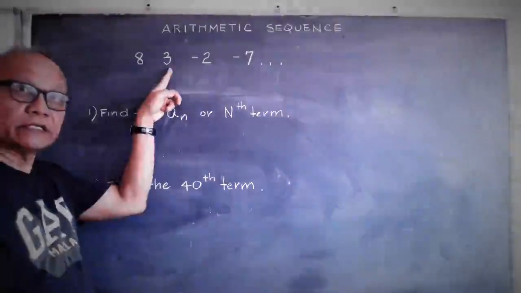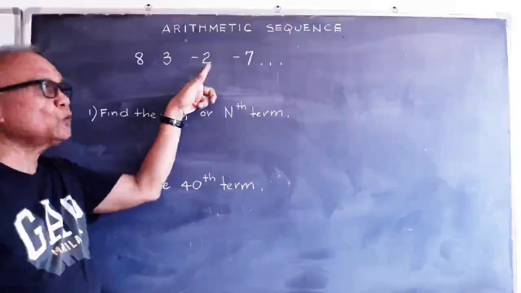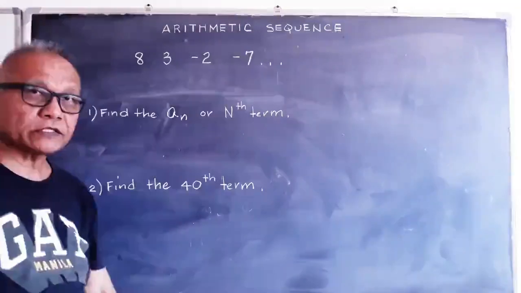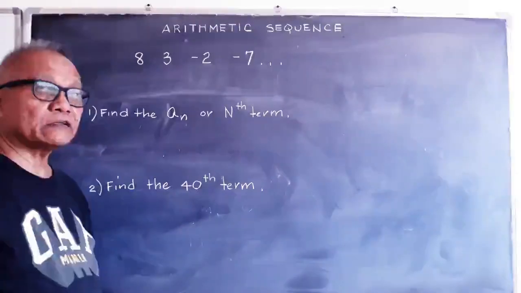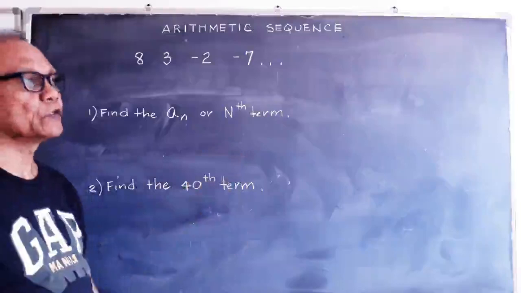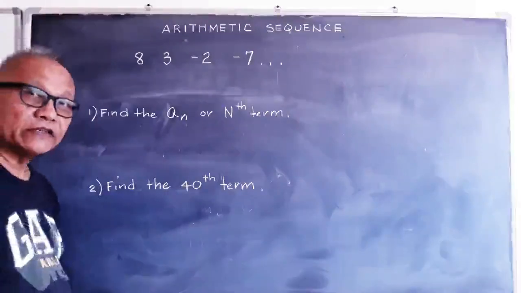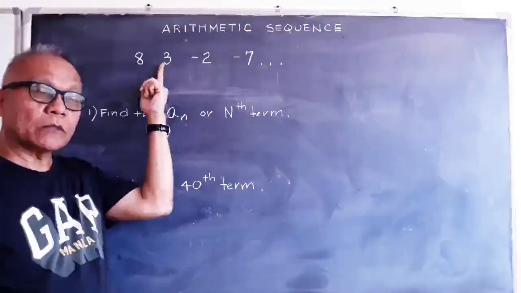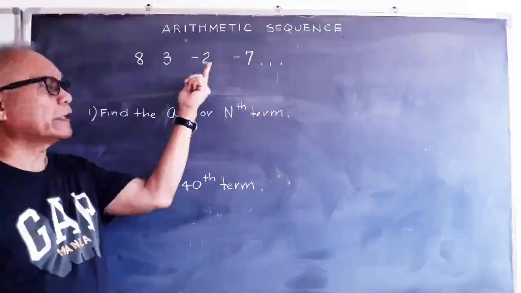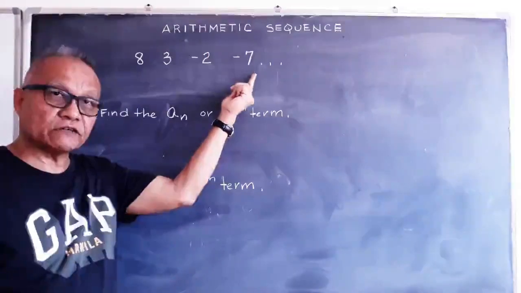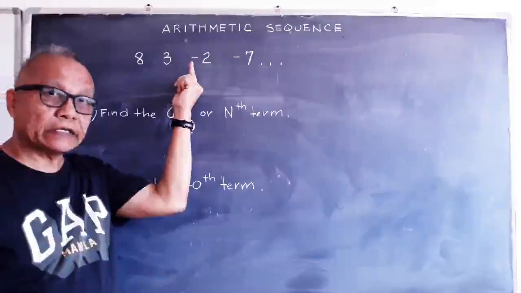We have a sequence 8, 3, negative 2, and negative 7. When you see a sequence, always find first the D, because you can find the D there. So how do you find the D? The difference is 3 minus 8, negative 2 minus 3, or negative 7 minus negative 2.